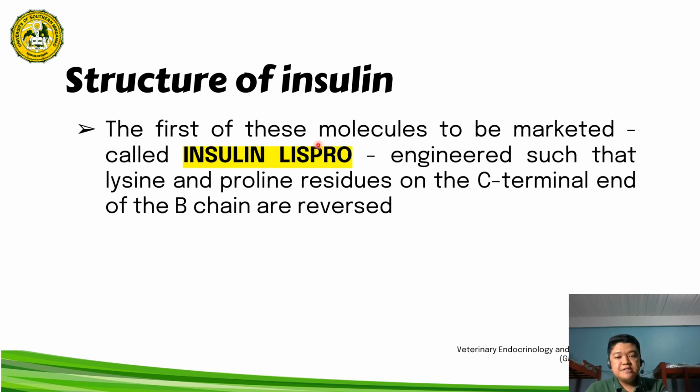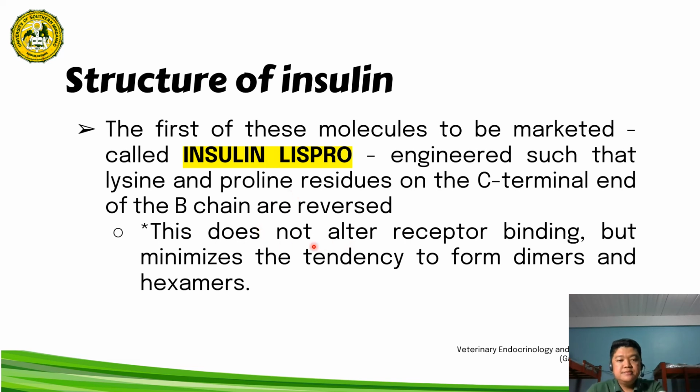So the first of these molecules to be marketed is called the insulin lispro. So this insulin lispro is a man-made type of insulin. That is the first molecule of insulin to be marketed. It is an engineered type of insulin such that lysine and proline residues on the C-terminal end of the B chain are reversed.